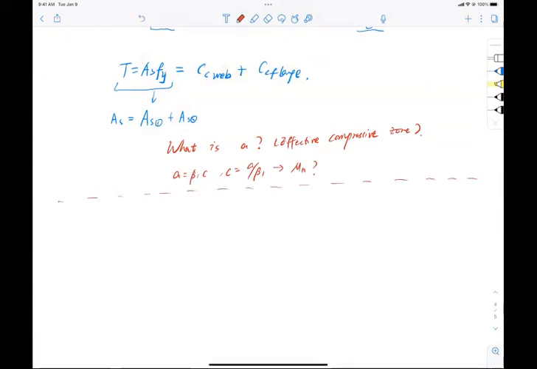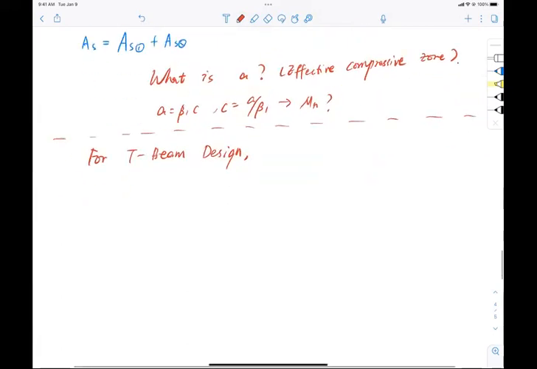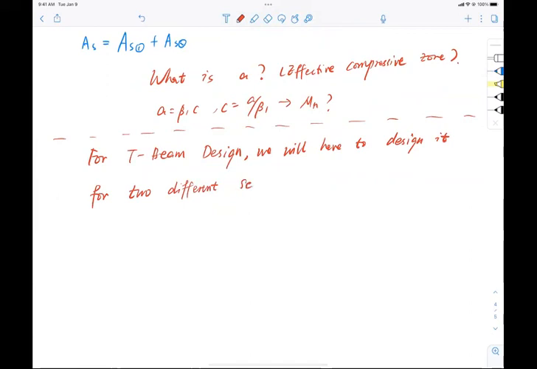So here we have to say that now for T-beam design, we will have to design it for two different scenarios.